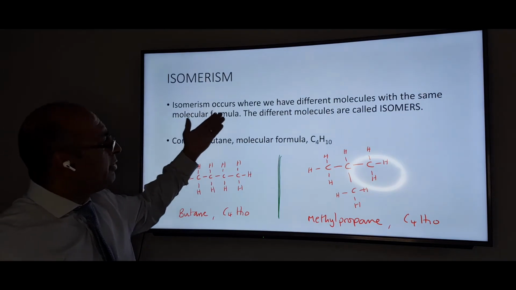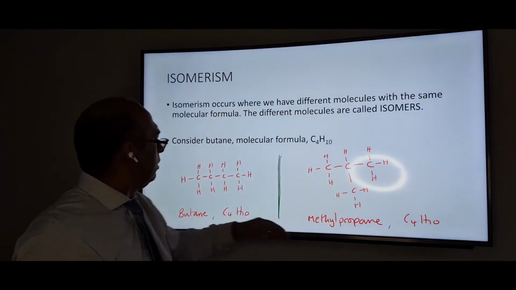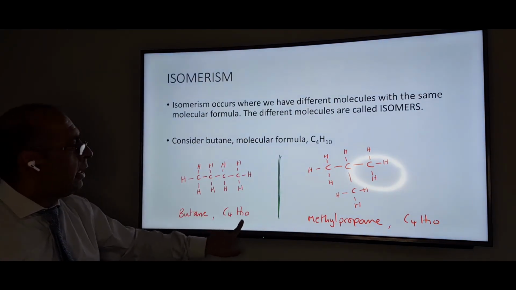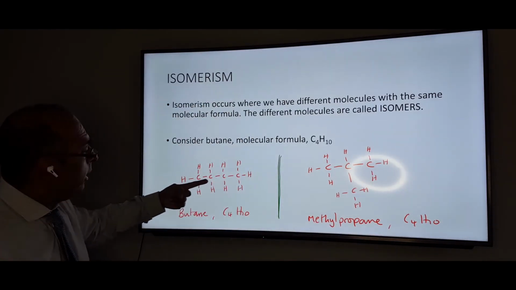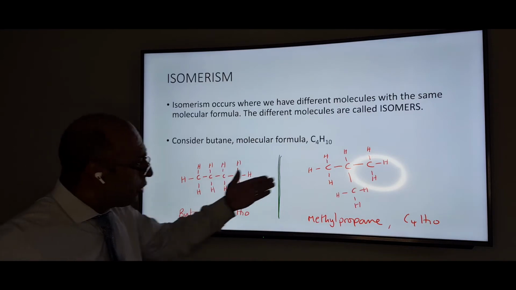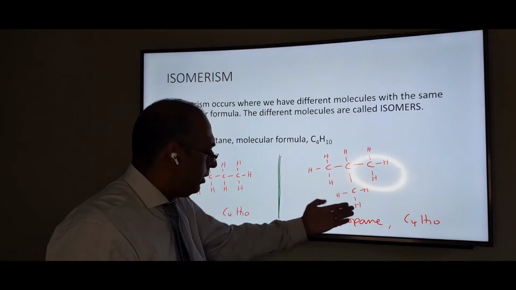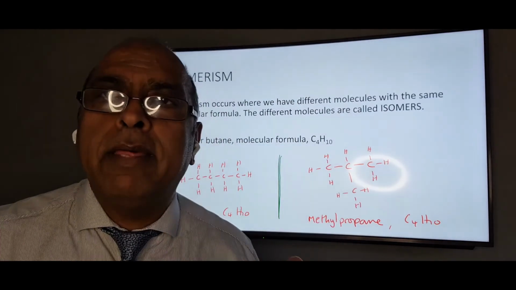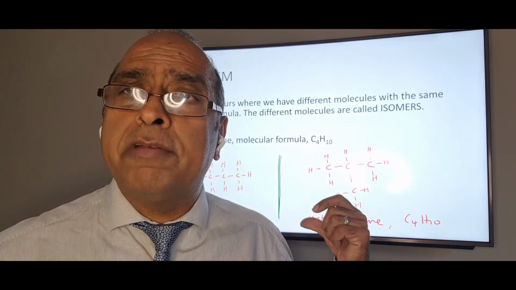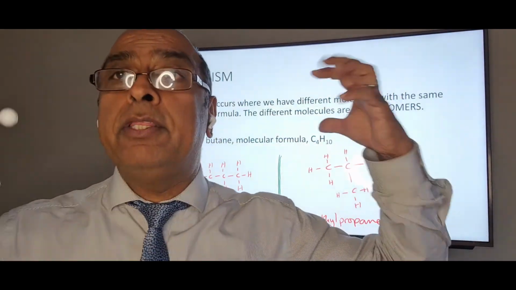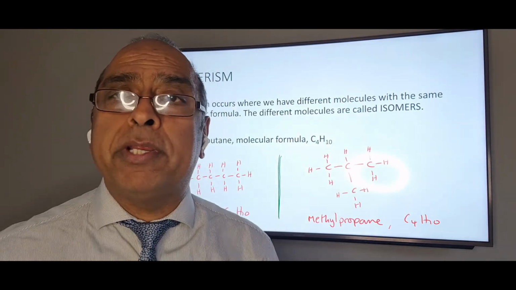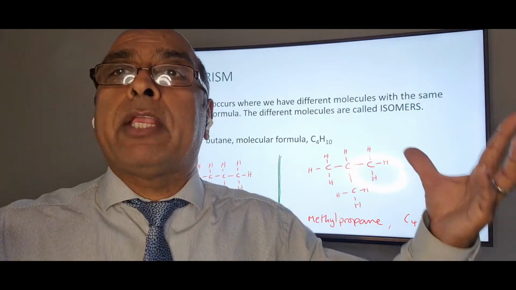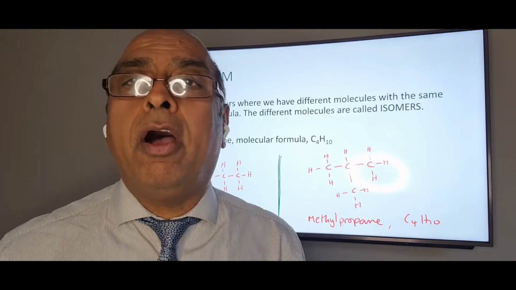So when we've got different structures, here look, 4 carbons, 10 hydrogens. 4 carbons in a straight line is butane. 3 carbons in a straight line with a branch is methyl propane. They are isomers. The linkaging is different. The structures are different. The molecular formulae are the same. Where the molecular formula is the same and structure is different, they are isomers.